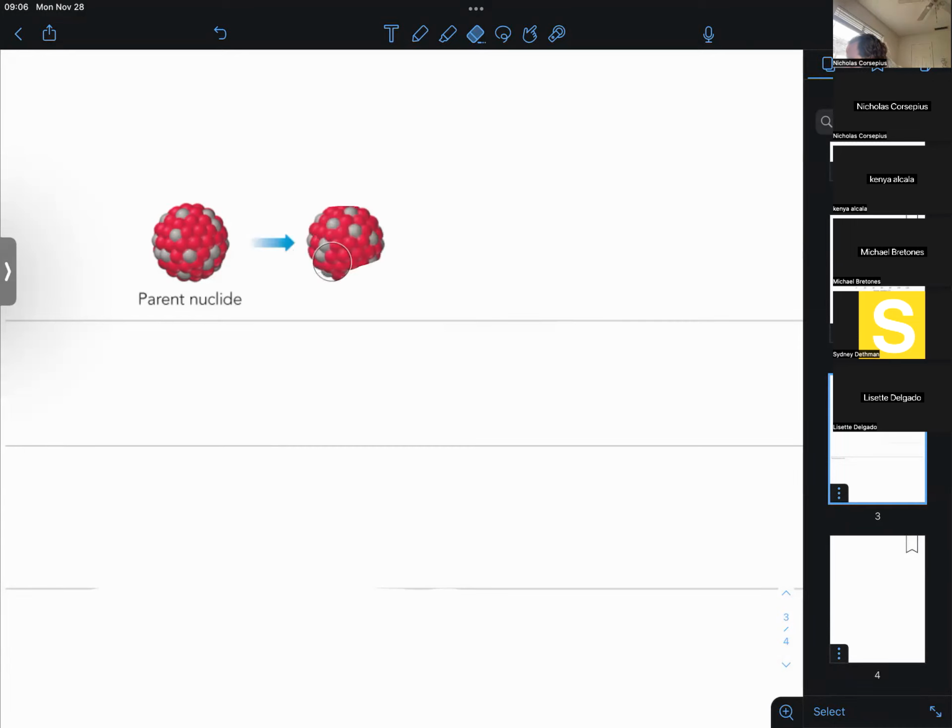So for example, it might break apart into two smaller pieces, right? But again, we're not rearranging bonds.